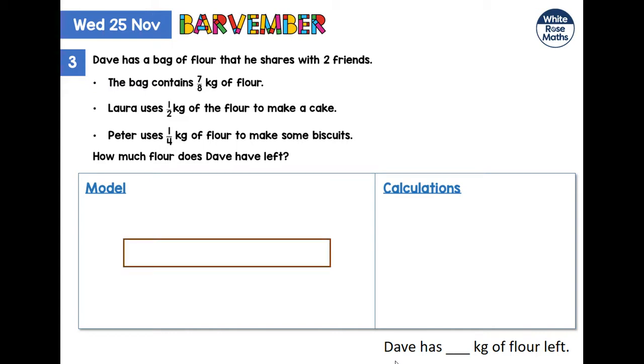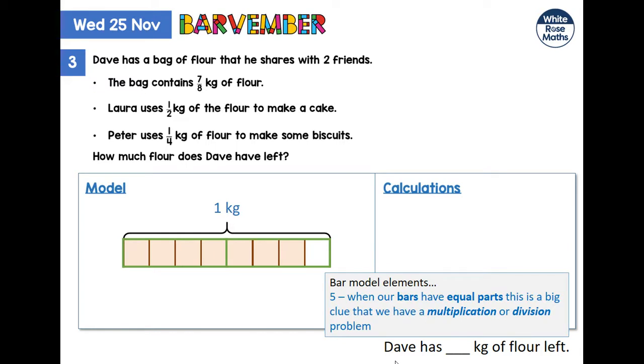And we see straight away in that key line that we have 7/8, so we have 8 equal parts in our picture. And when we have equal parts, that's a big clue that we might have a multiplication or division problem.